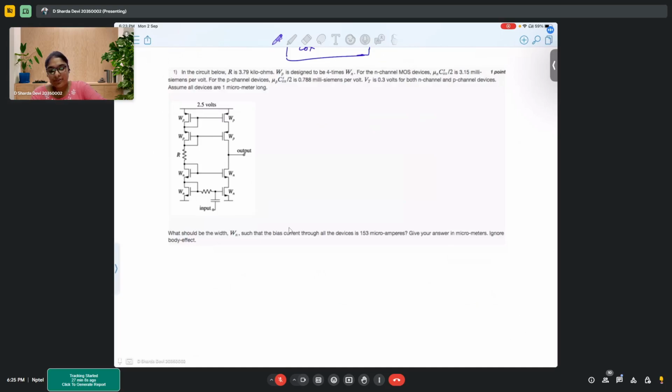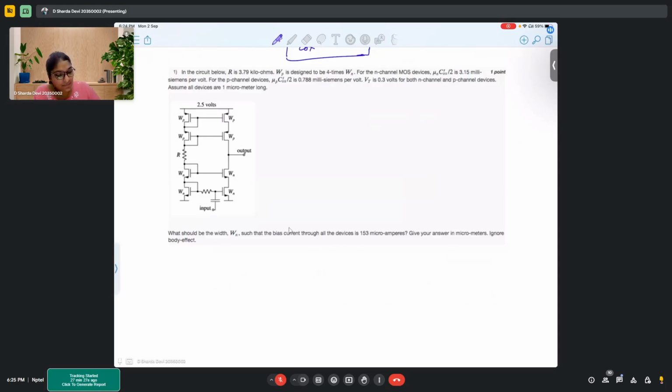So today's first problem is based on this mirror kind of circuit. First of all, this is a multi-stage amplifier.